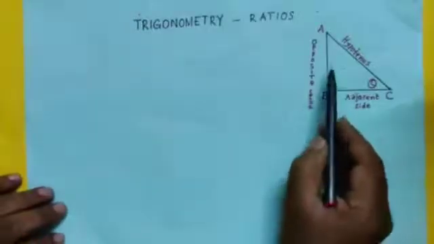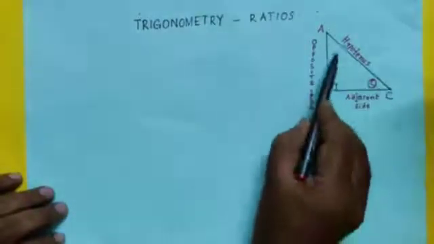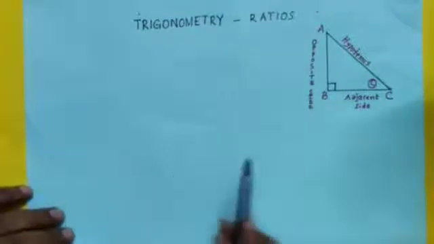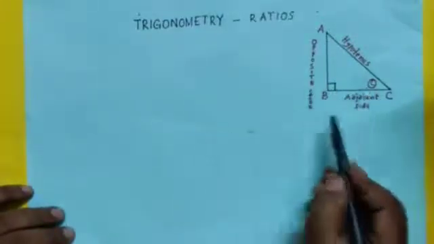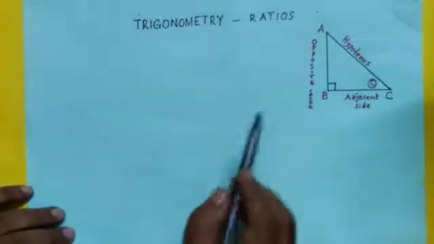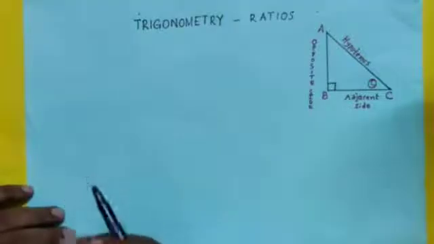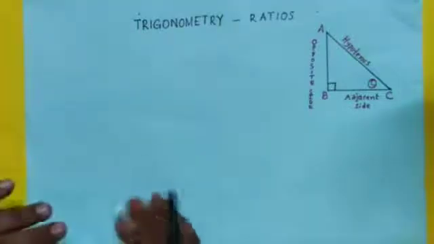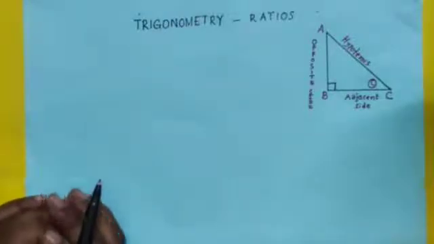Children, there are three sides for this triangle. This is clearly the hypotenuse because it is opposite to the right angle, AB is the opposite side to theta, and BC is the adjacent side. With the help of these three sides, how many types of trigonometric ratios can we make?